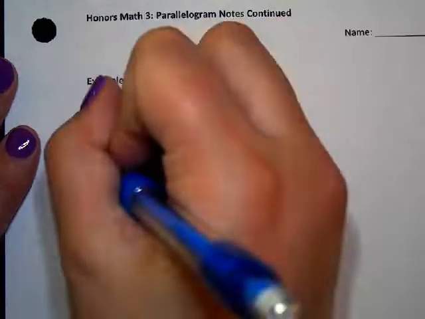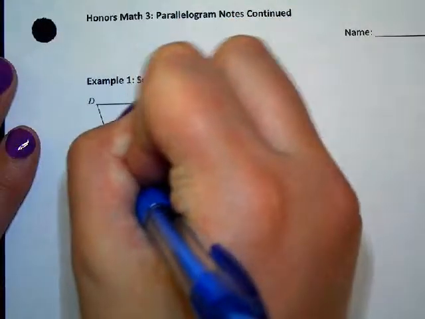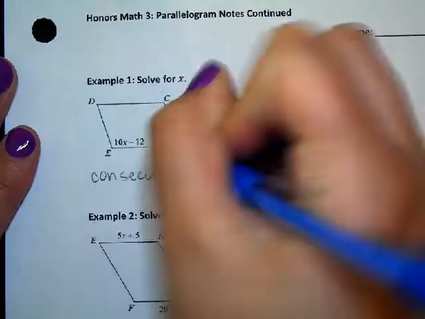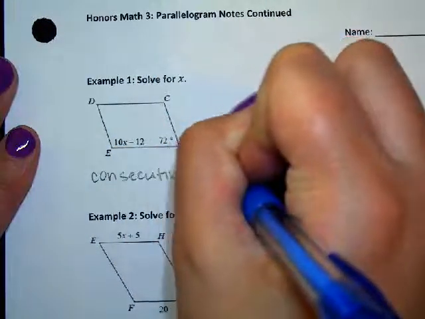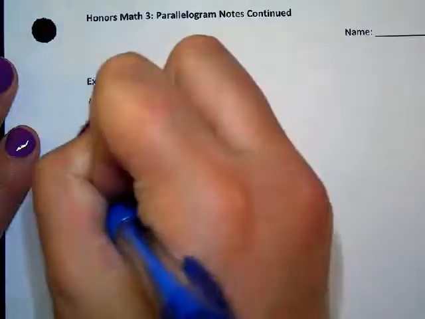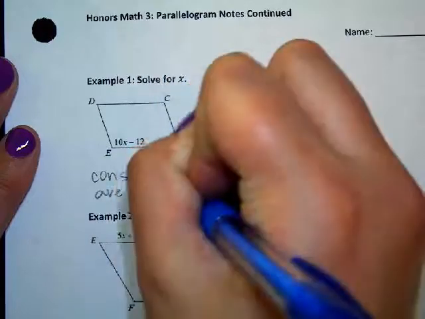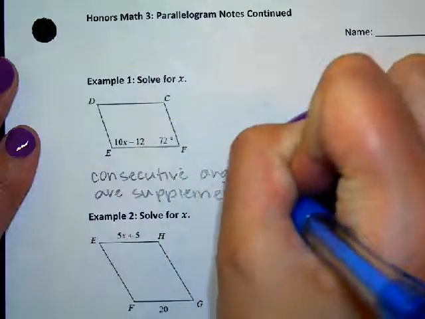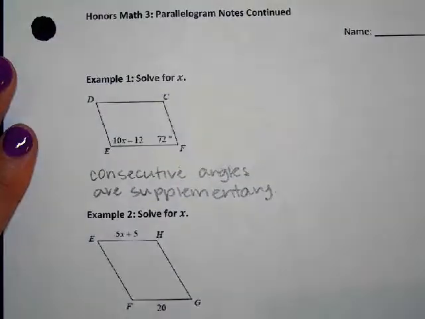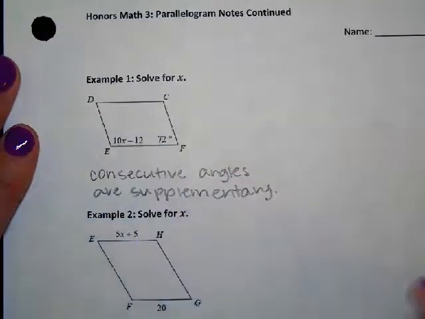So I'm going to go ahead and write that underneath, that the property we are using is that consecutive angles are supplementary. So that's the property we're using. And that just means that two angles that are next to each other add up to 180 degrees.